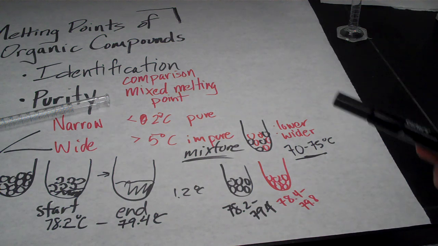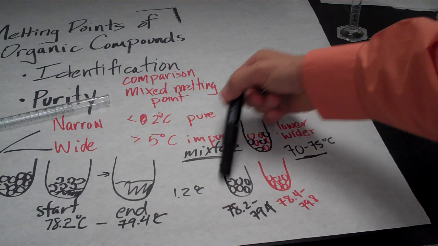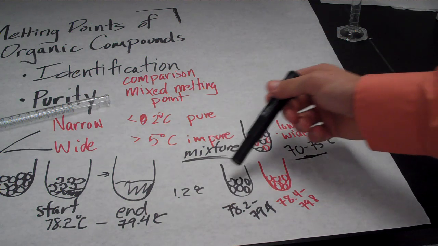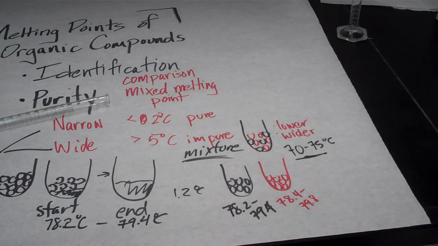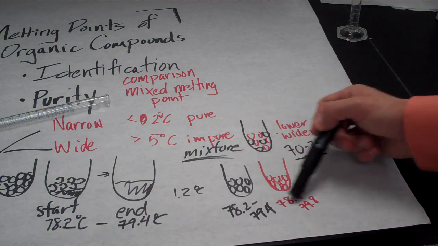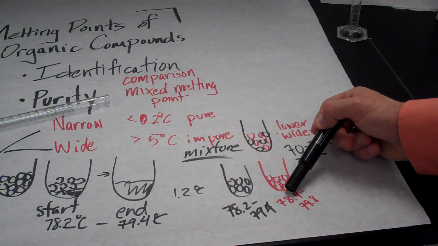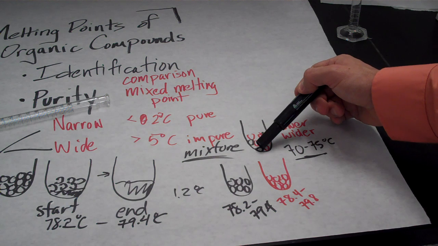If you had the black sample here, and you think you know what it is, you would measure its melting point. You would also measure the melting point of the known material that you believe your material is. Okay? Then you would mix the two. Okay?